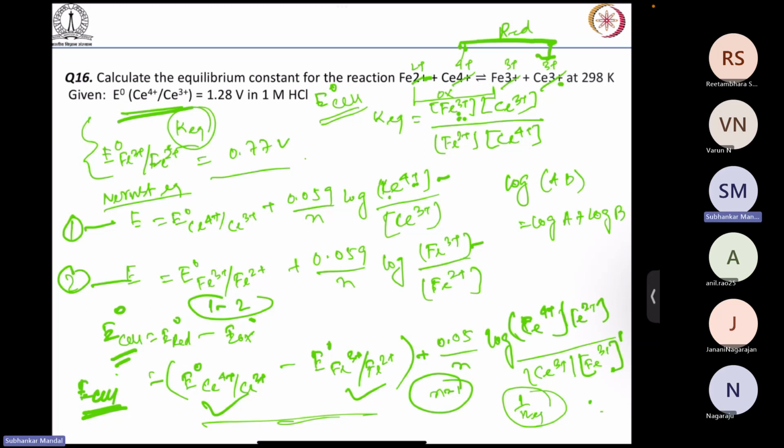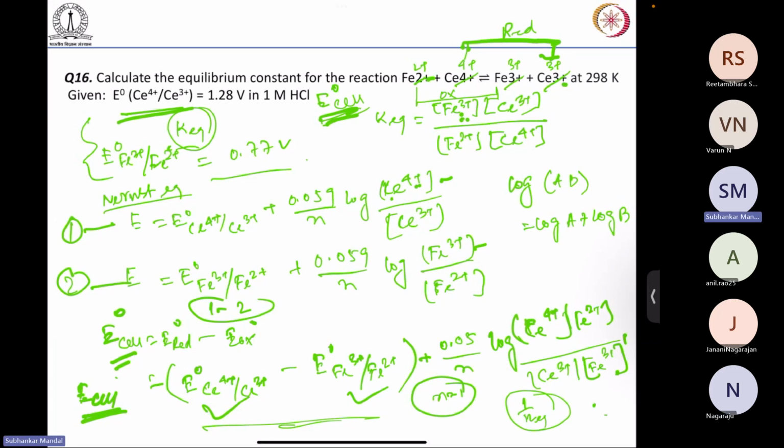I can check this once again and discuss it next week, but I think they should give this. If they give the data, we can put it in and we will get it. Only the given data are missing. So this way you can do this kind of problem.